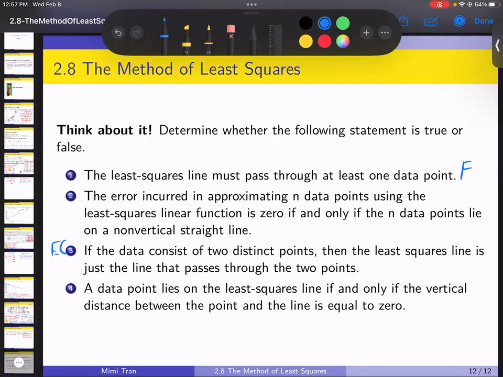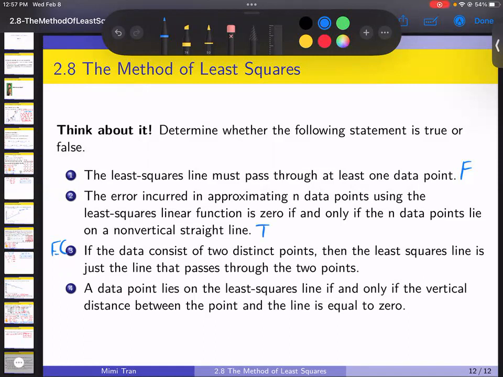I'm saying my error is 0 if all the data points lie on the line. If they lie on the line, is there a distance? No, right? So 0. So true.